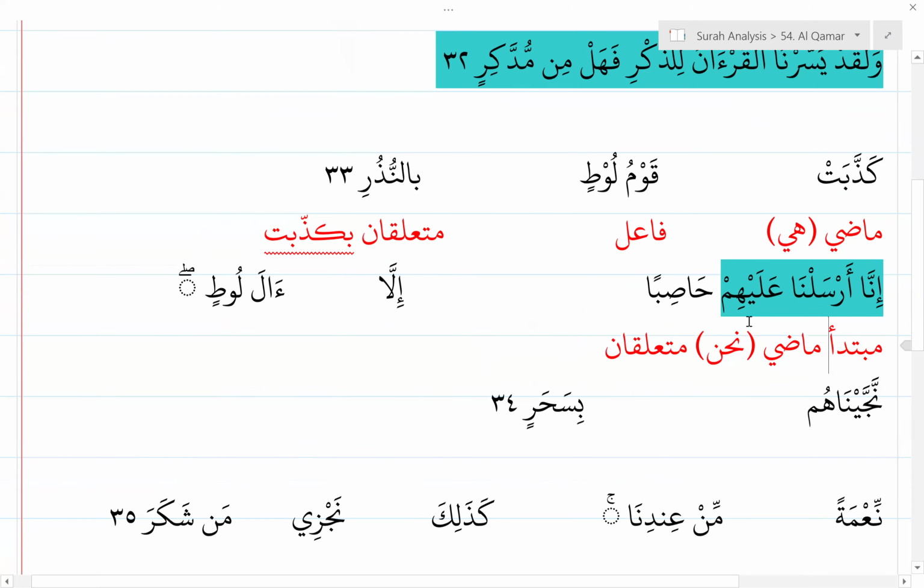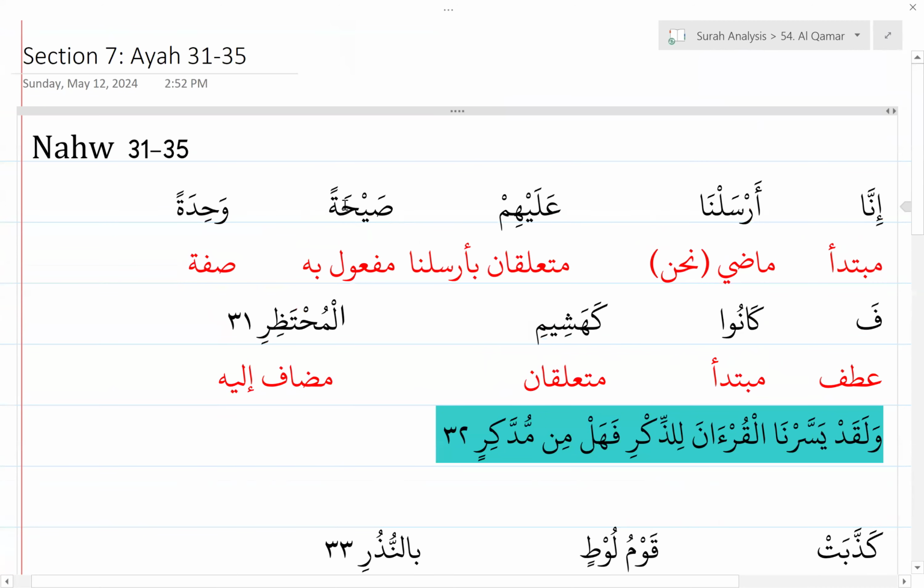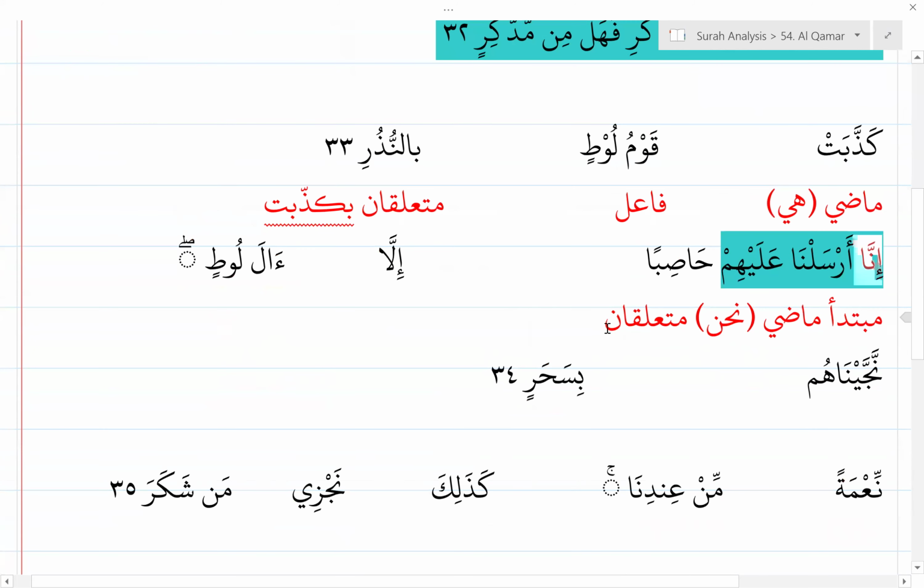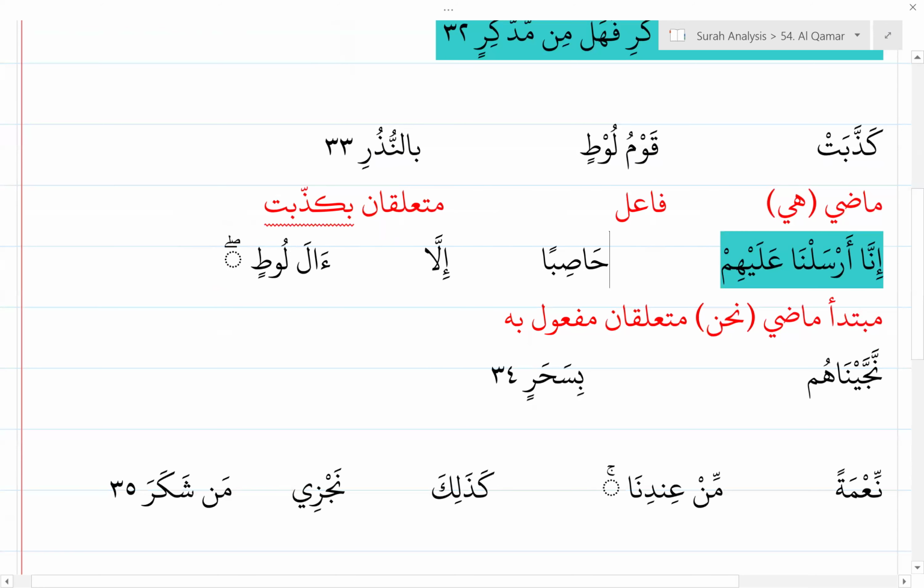Here we had صيحة, and here we have حاصبا. That's pretty much what we have. So حاصبا is a مفعول به.